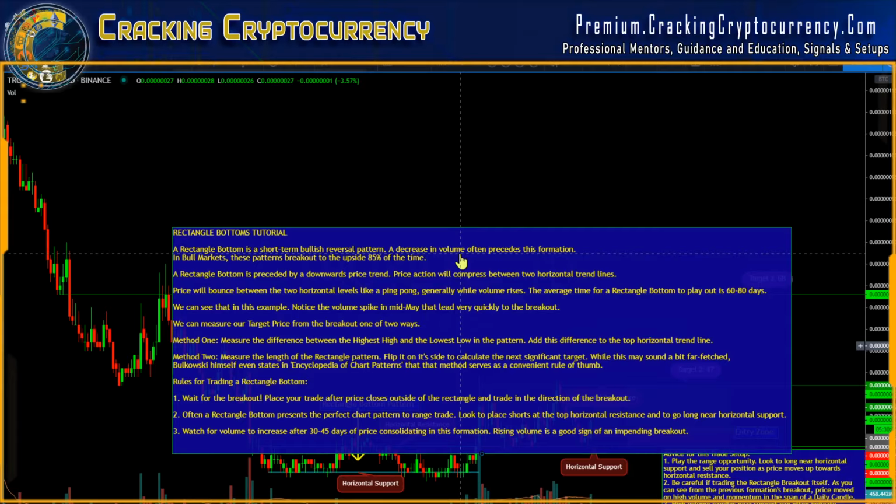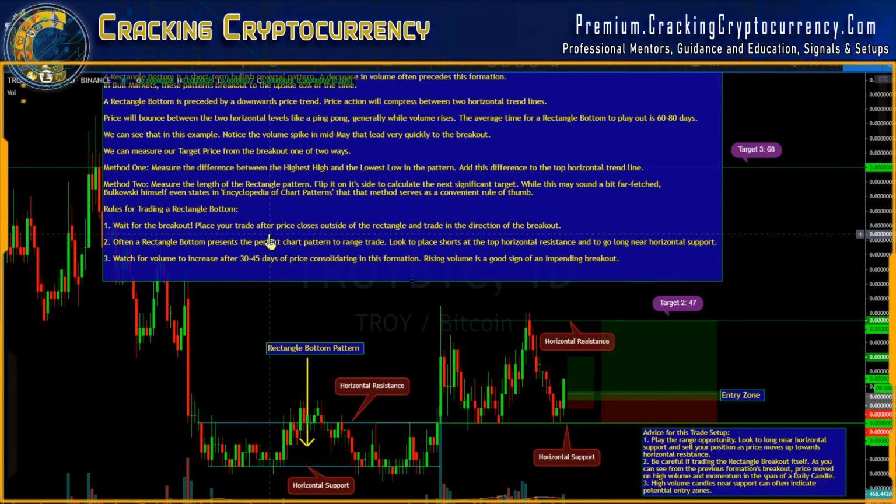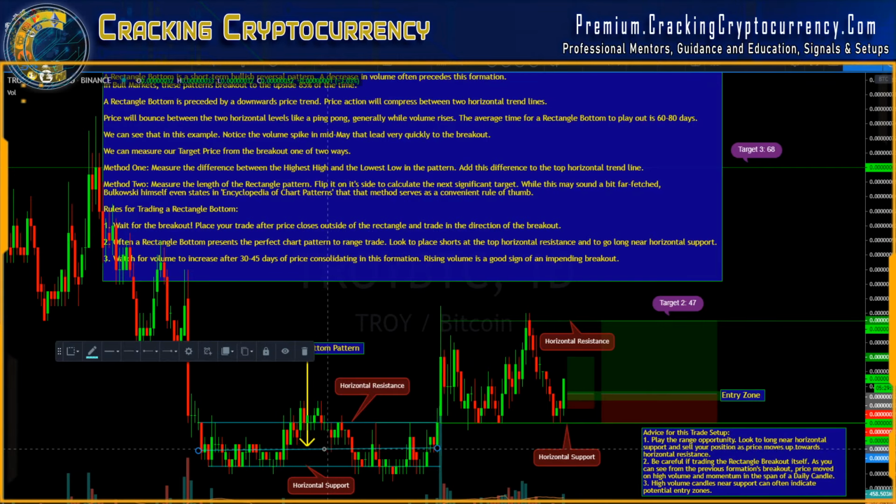The other metric that you can use to measure your take profit target for a rectangle bottom is actually, you can use any drawing tool you want, but I'm going to use a trend line. Just draw a line from the beginning of the pattern to the end, to where it actually breaks out. And then take that, and let me see if it's going to let me invert it.